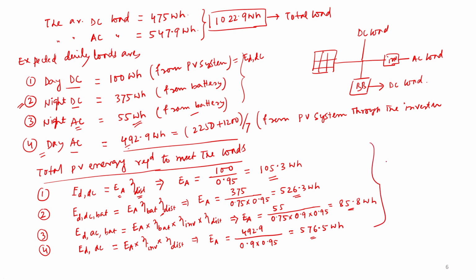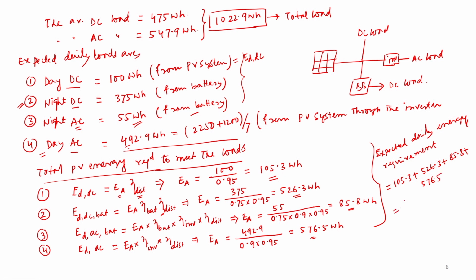If we add them, we get the expected daily energy requirement to meet the loads: 105.3 plus 526.3 plus 85.8 plus 576.5.